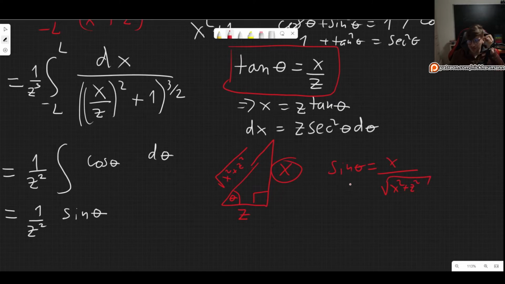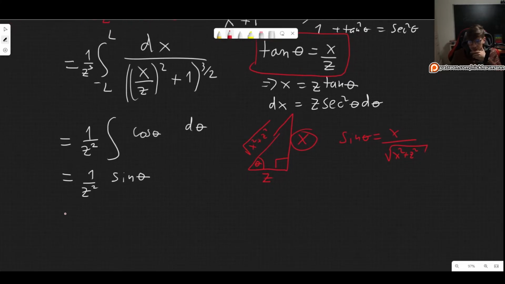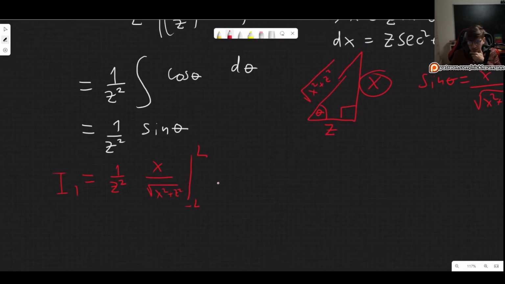And there it is. So we simply plug this back in, and we get that I1 is 1 over z squared times x over the square root of x squared plus z squared. And now we apply that we have to evaluate between minus L and L. So let's see, this is 1 over z squared times, now the first one, L divided by the square root of L squared plus z squared, minus L, right?